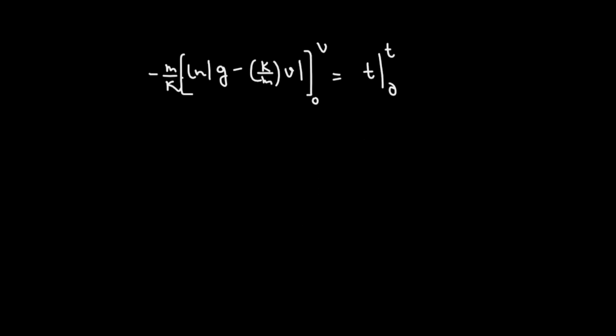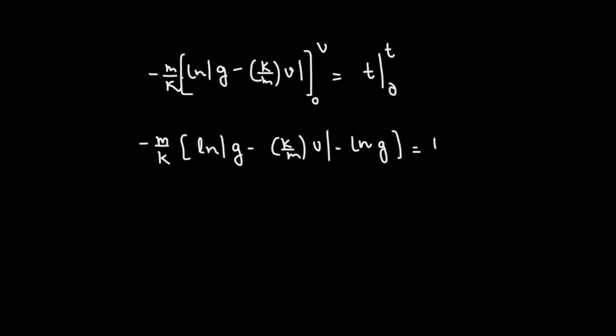We should get negative m over k times natural log of g minus k over m times v, minus log of g, which equals t.